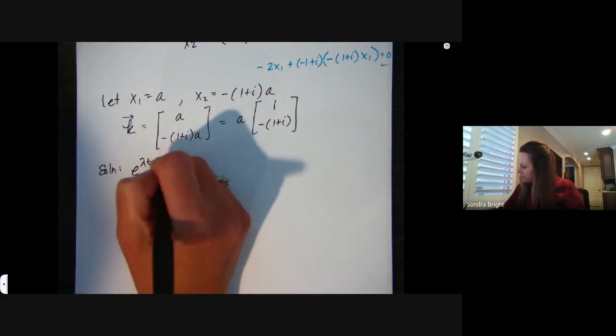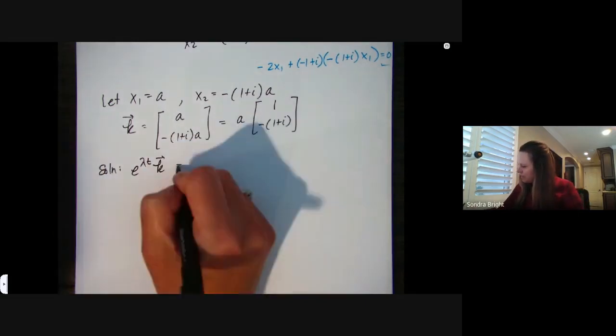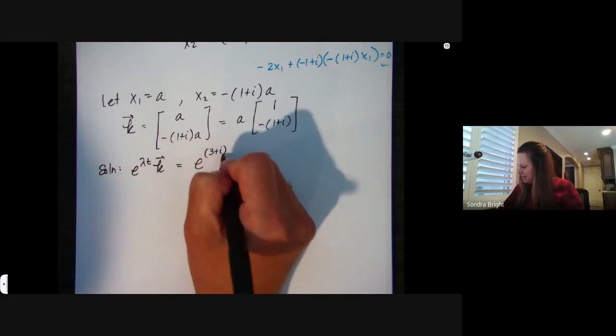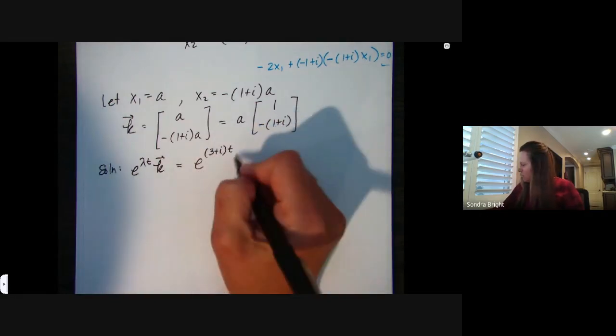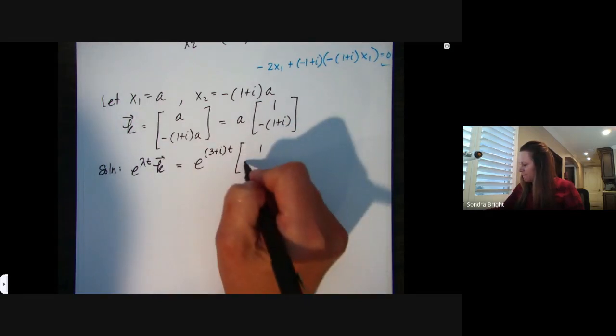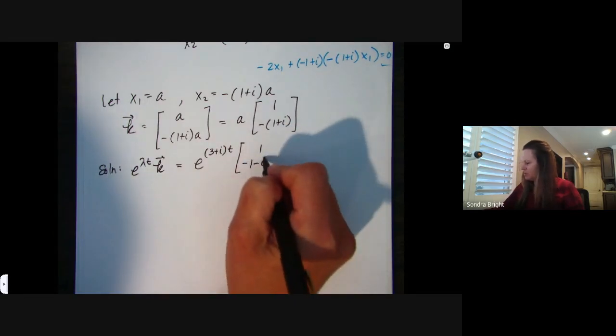e to the lambda t times your eigenvector. So that means it's e to the (3 plus i)t times 1 and how about a negative 1 minus i, I distributed the negative in there.